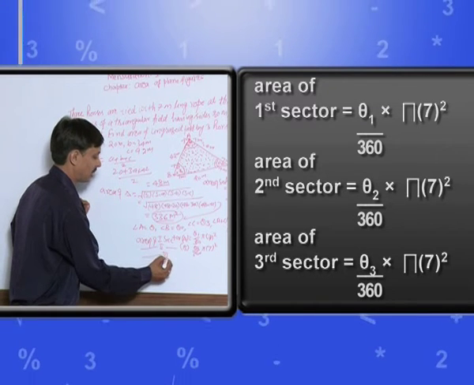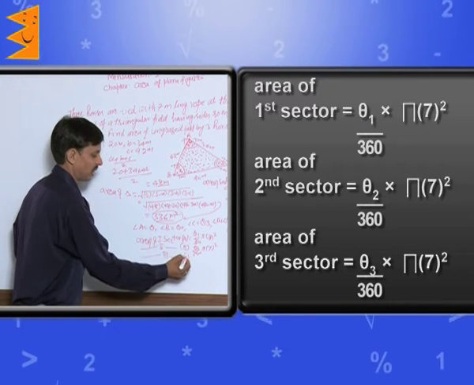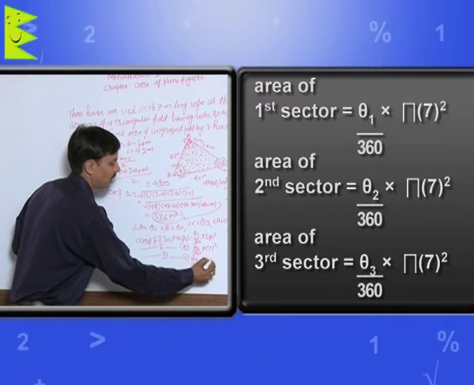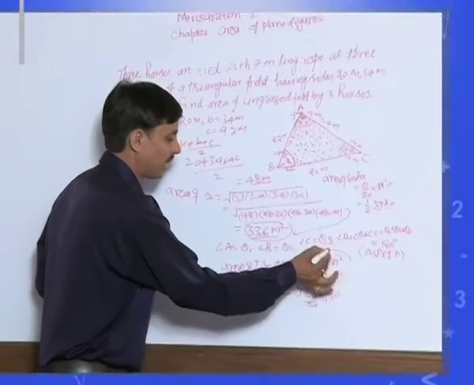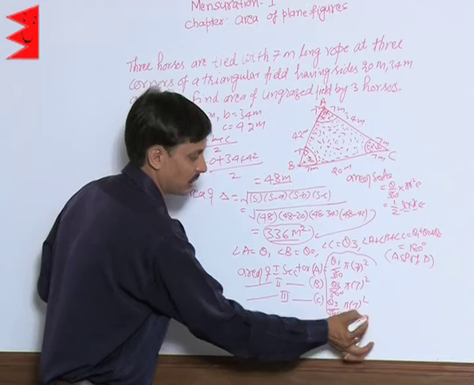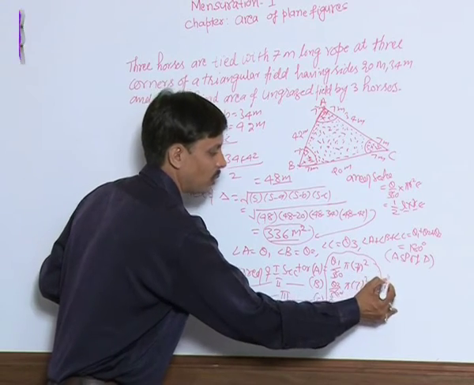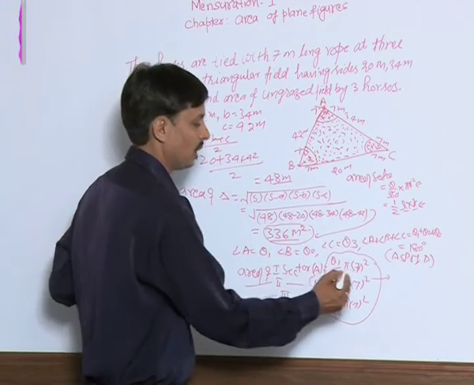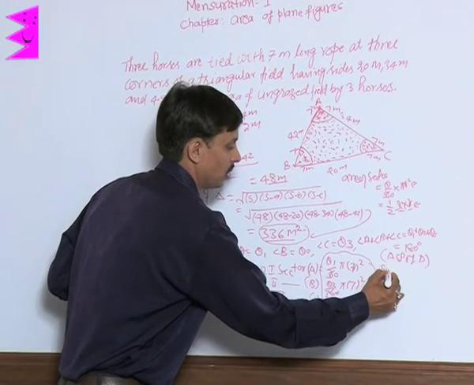Area of the third sector, that is with vertex C, is theta 3 upon 360 pi into 7 square. If I add all these results, I will come to know the area of all three sectors.